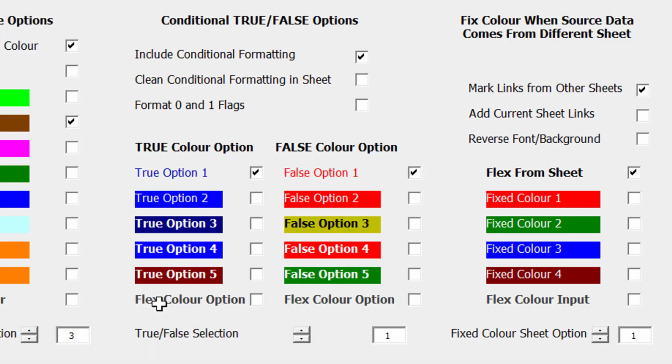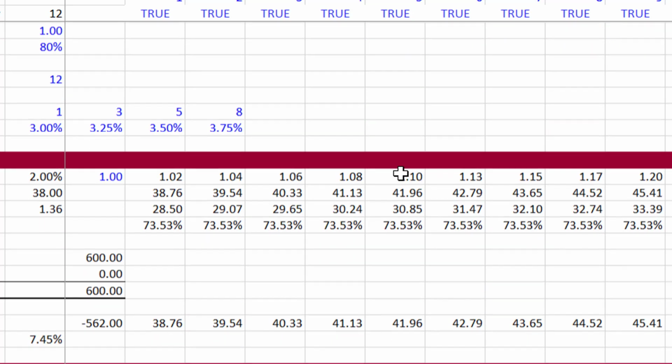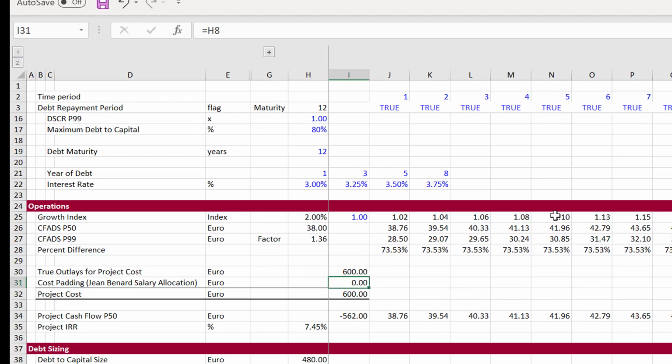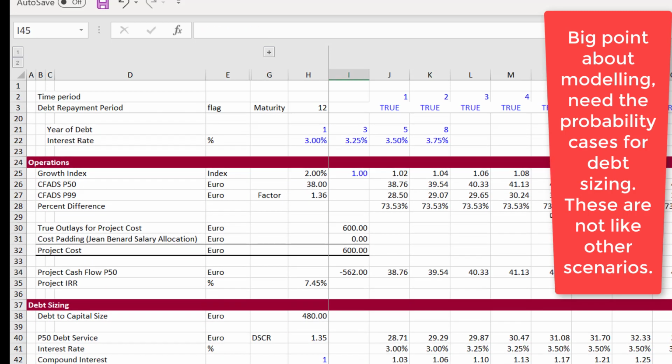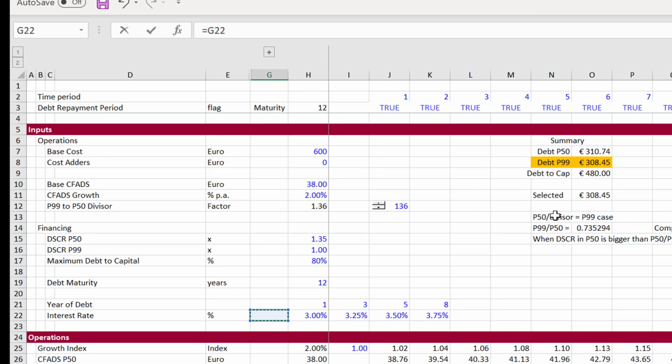Okay, now if we go through here, we can then get the outlays, and then I said, okay, what happens if we increase the cost? We could increase the cost by allocating the chairman's salary or something to our cost. And the reason I said that is our first kind of debt sizing. I think I should have put the criteria.